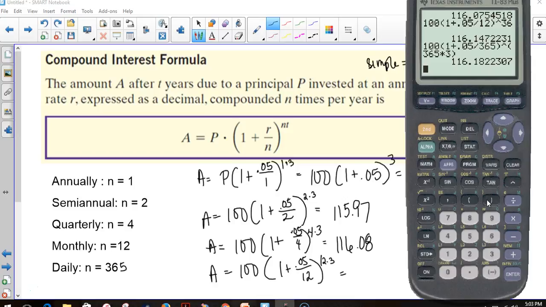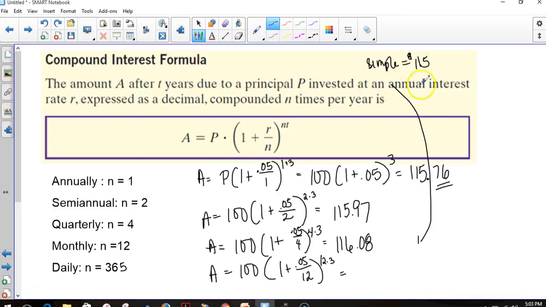So for every 100 you borrow, the difference would be about $1 in between from your simple to your daily. But you're probably not borrowing $100. You may be borrowing $100,000. And so now that difference is going to be $1,000 if all of these hundreds or thousands.